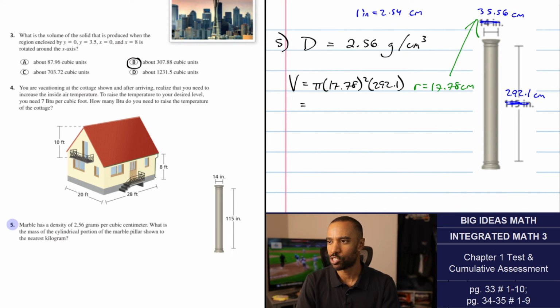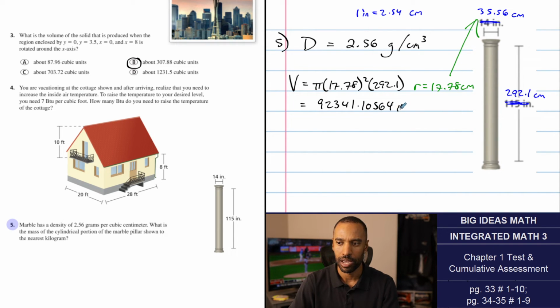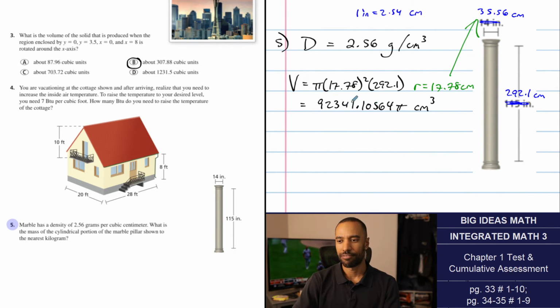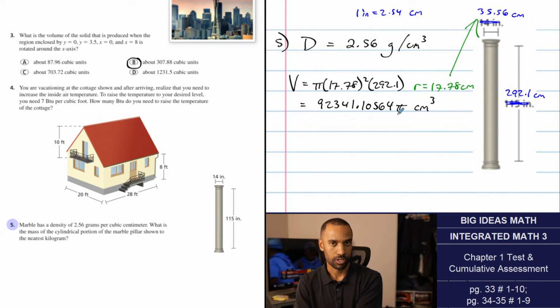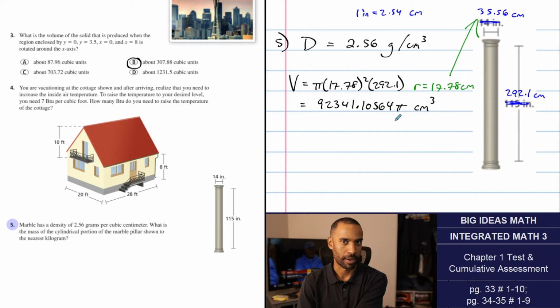And I have an exact one, or as exact as I can get it written, 92341.10564 pi cubic centimeters for volume. Density equals mass over volume. We're going to find mass to the nearest kilogram. Now, our thing is currently in grams. To do kilograms, ultimately, we're going to divide it by 1,000.